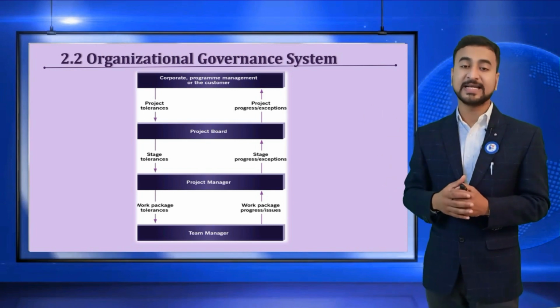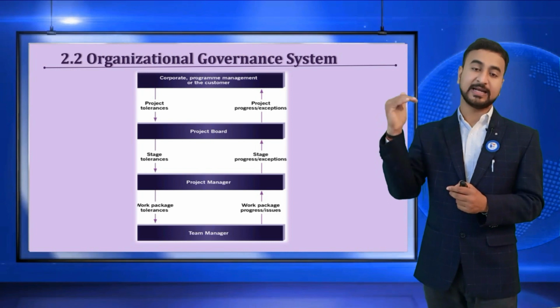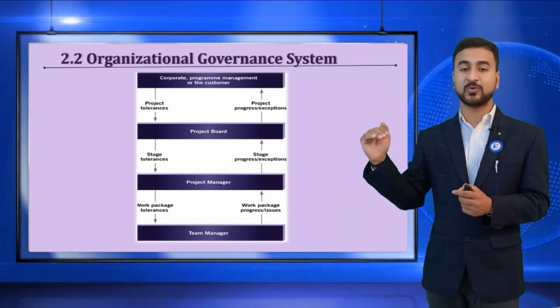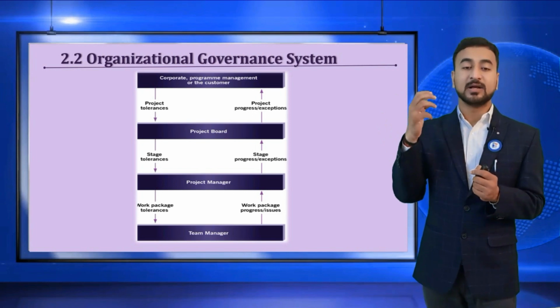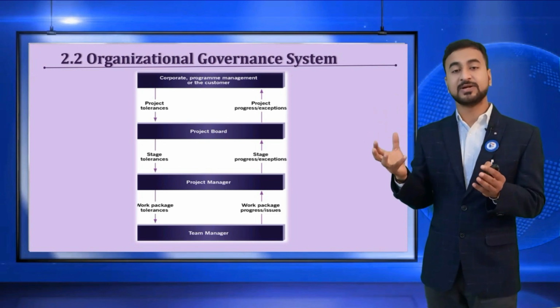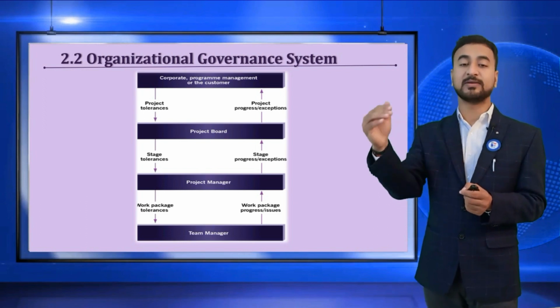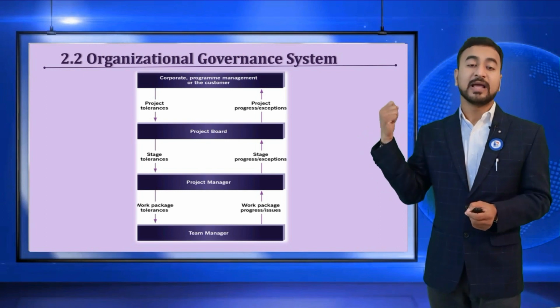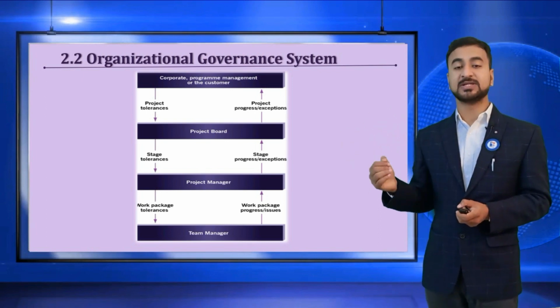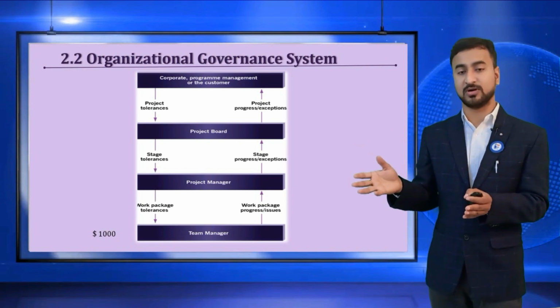One technique is called delegation, or setting threshold limits at the team manager, project, program, and governance levels. It helps because the governance body does not need to get involved in small, trivial things. They save their time, and simultaneously they keep control. For example, the team manager has authority up to $1,000.